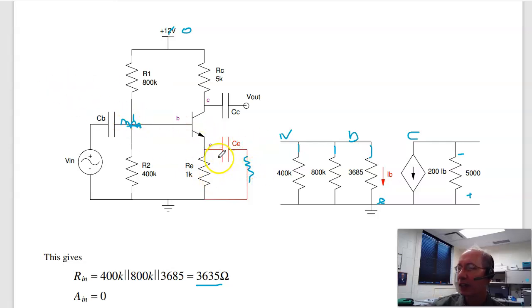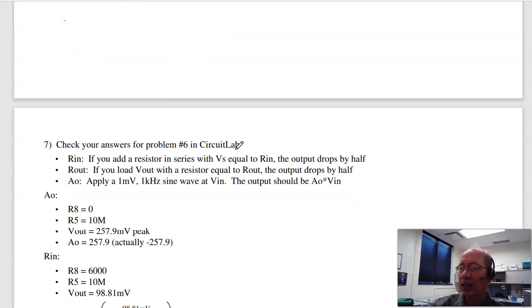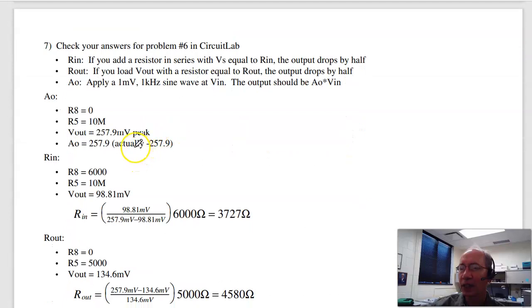To find A out, what I'll do is make this 0 ohms, this large, like 10 meg. Make this a 1 millivolt sine wave at 1 kilohertz. Measure the output voltage. In that case, what I got was the output voltage was 257 millivolts, so that's the gain, 257. It's actually minus 257, but I can't see the phase in Circuit Lab.